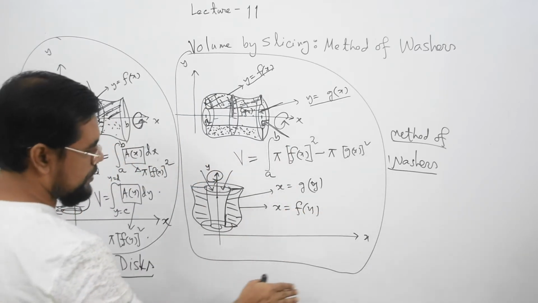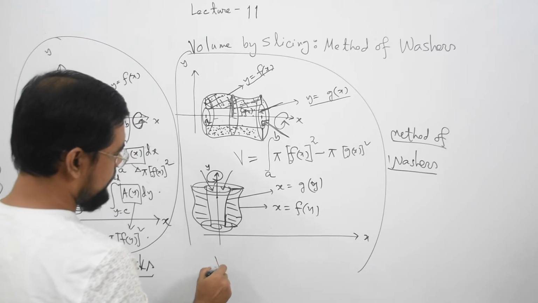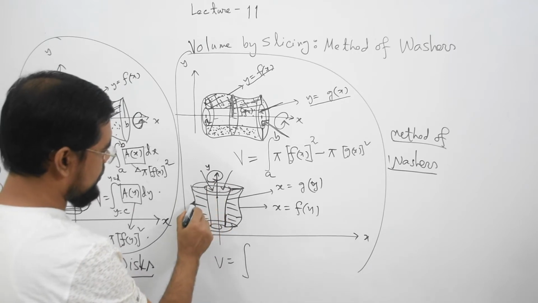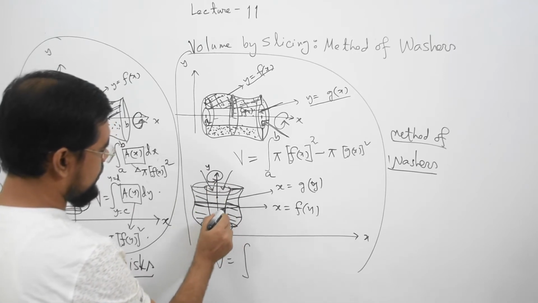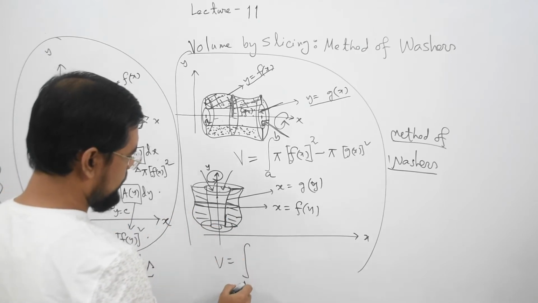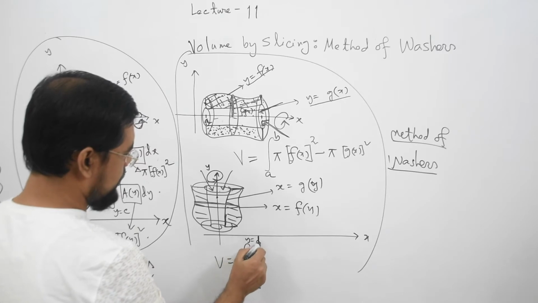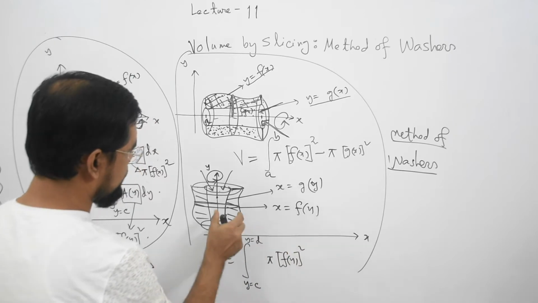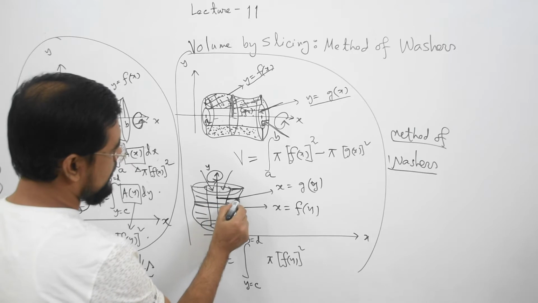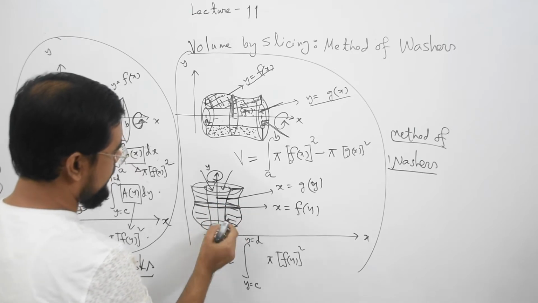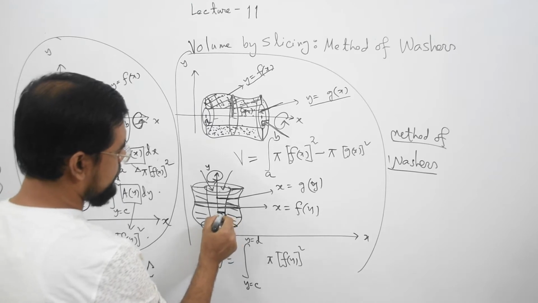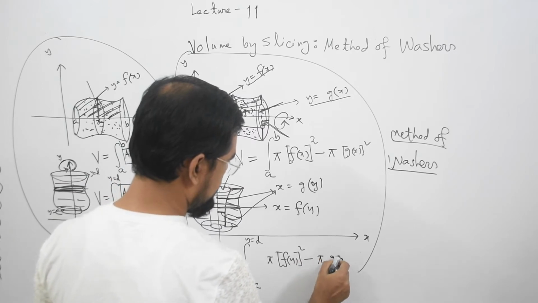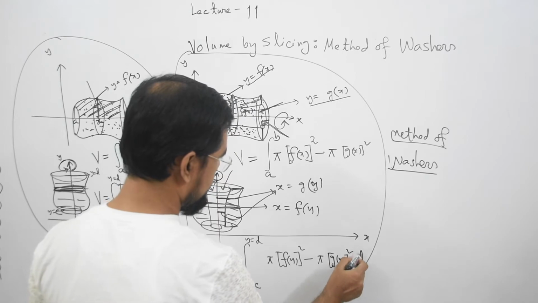And for this one, since you are revolving with respect to y, your cross section will be perpendicular to the y-axis, and in that case your formula will be the integral from y equal to c to y equal to d of pi f(y) squared minus pi g(y) squared dy, because this radius is x equal to f(y), and this radius is x equal to g(y).